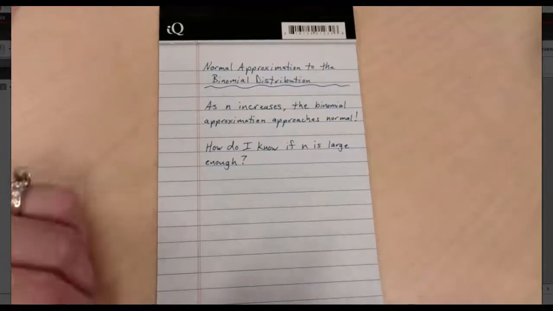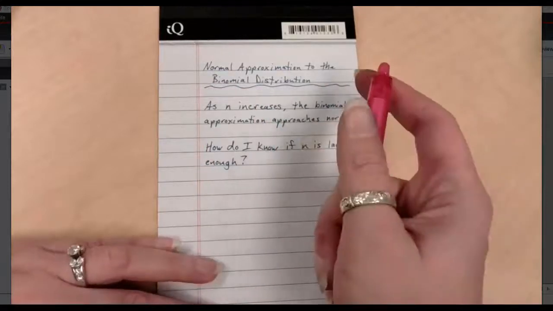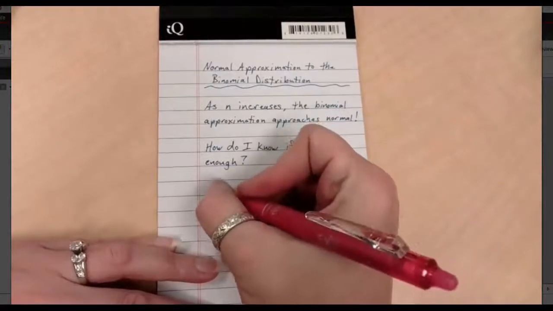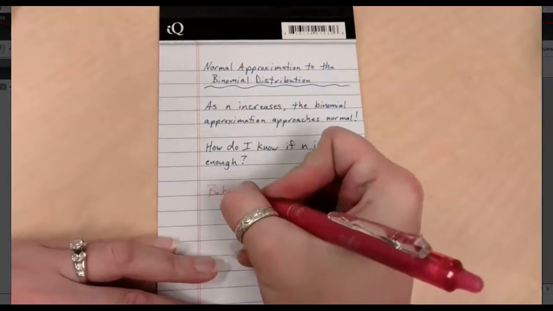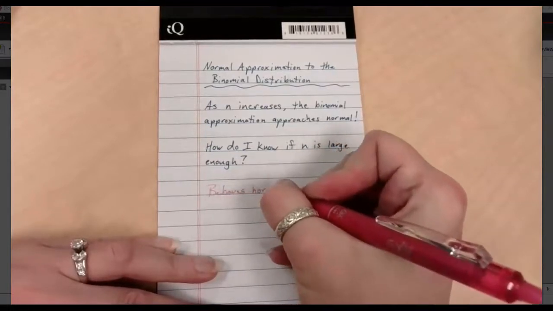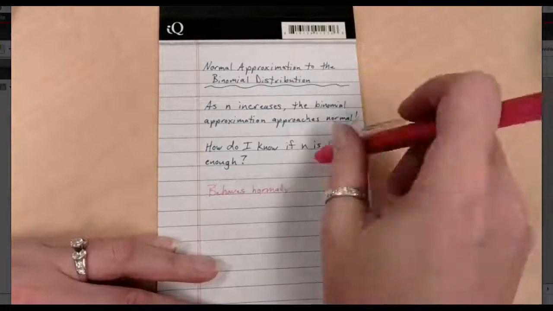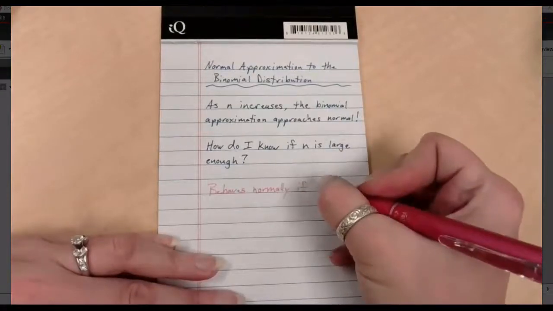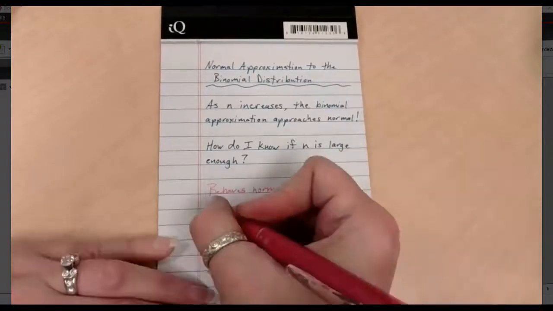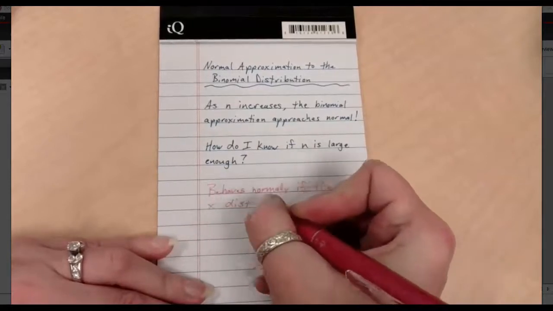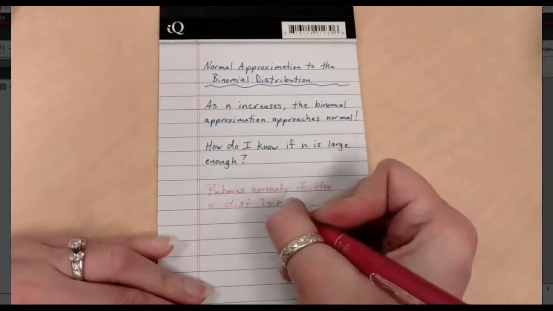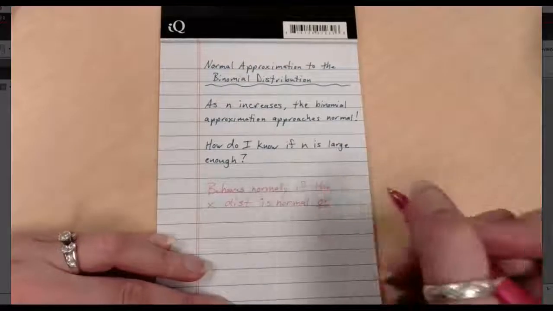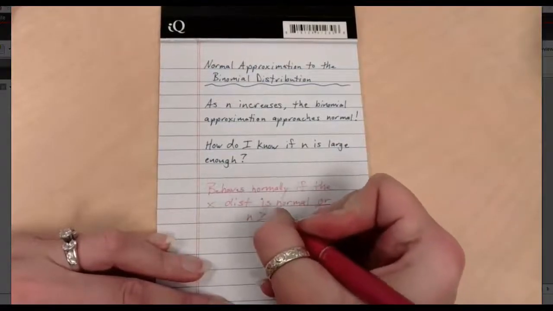Under typical circumstances, so not talking binomial at all at the moment, just talking regular distributions, we say that our data behaves normally if the x distribution is normal, because somebody's established the fact that it's normal, it fits normal parameters, or my sample size is greater than or equal to 30.